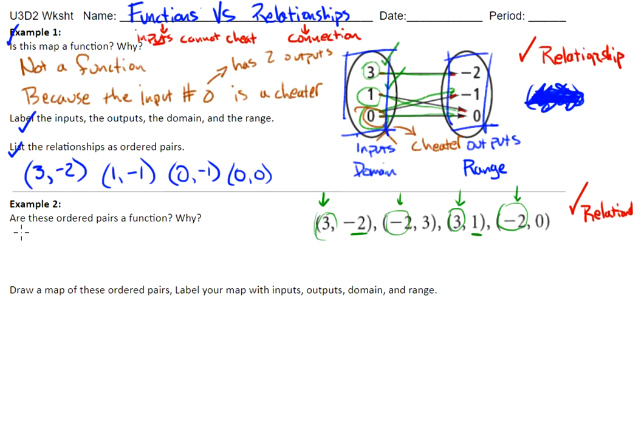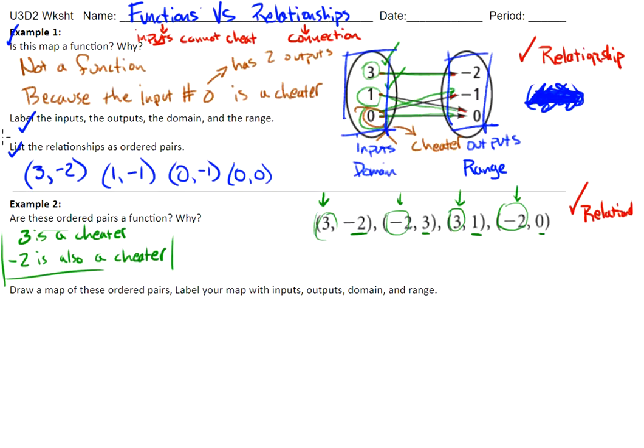So 3 is a cheater. Furthermore, let's test this one. Negative 2 is in a relationship with somebody, and then later on, negative 2 is in a relationship with 0. Negative 2 is a cheater as well. What does that say about answering this actual question, though?